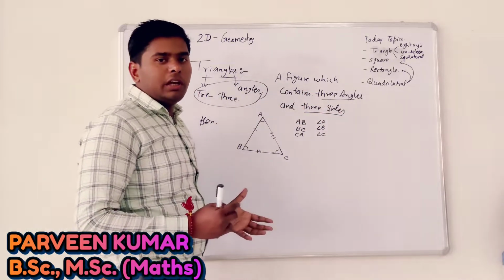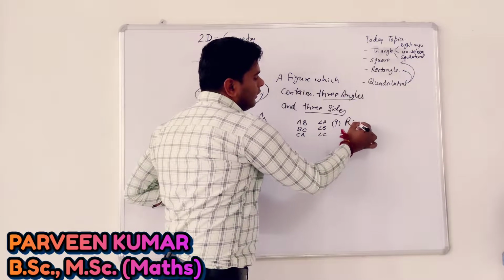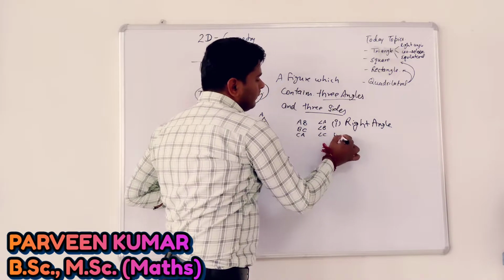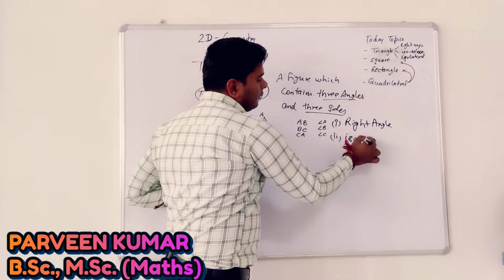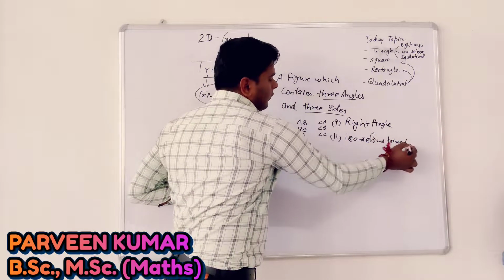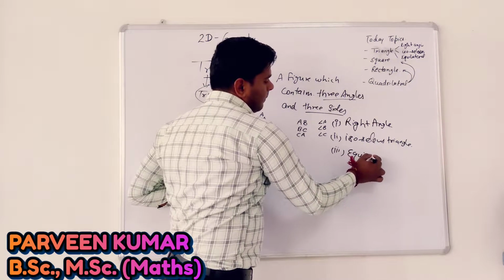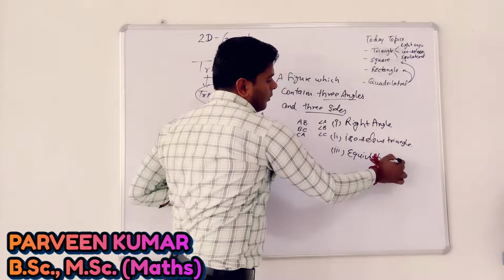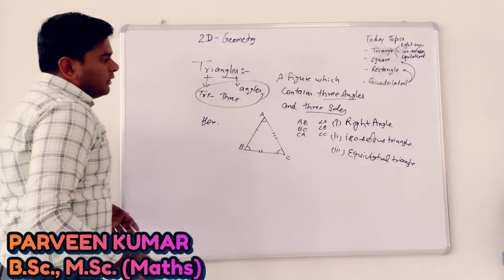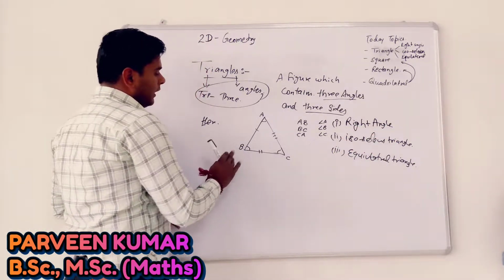A triangle has three types. The first one is the right angle triangle, the second one is isosceles, and the third one is the equilateral triangle. First, we will learn about the right angle triangle.